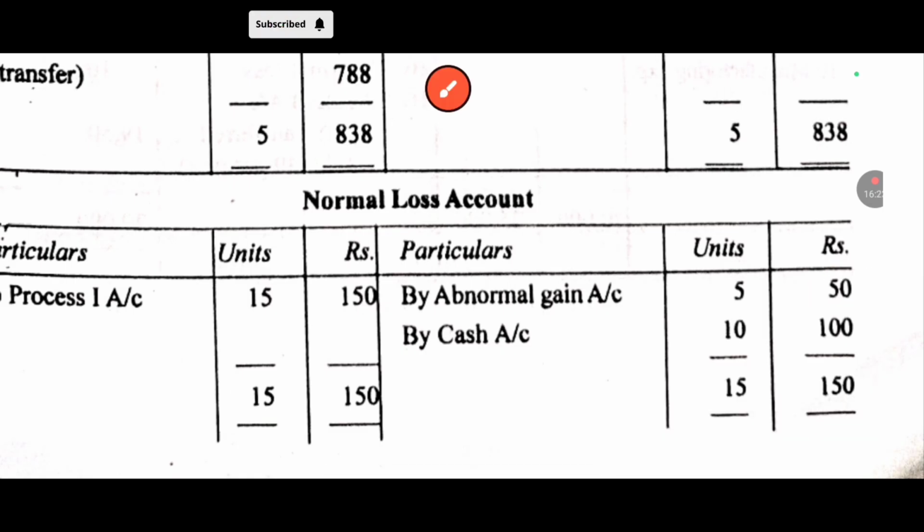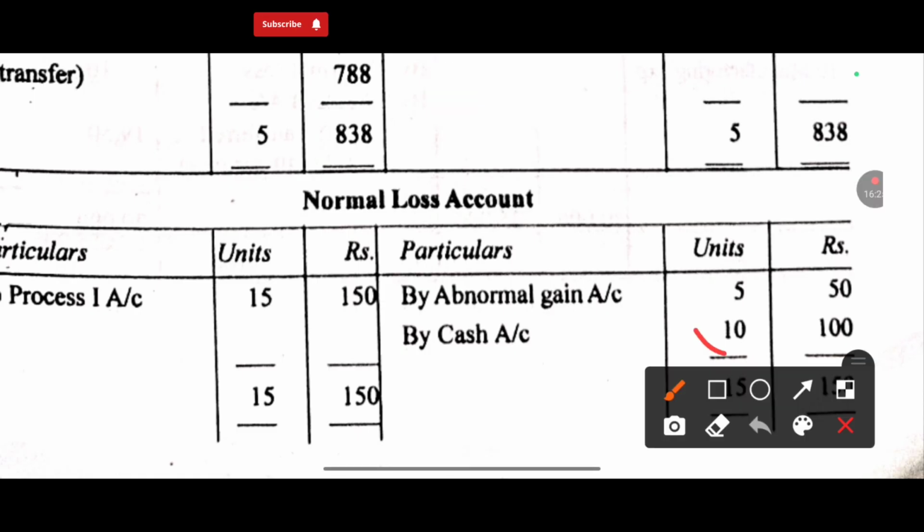Then the rest, the balancing 10 units, is again sold through scrap value of 10 rupees per unit. For 10 units, 10 into 10 you will get 100 rupees.